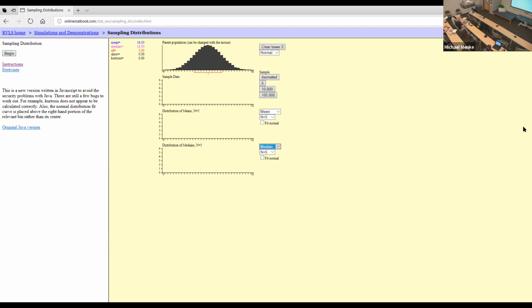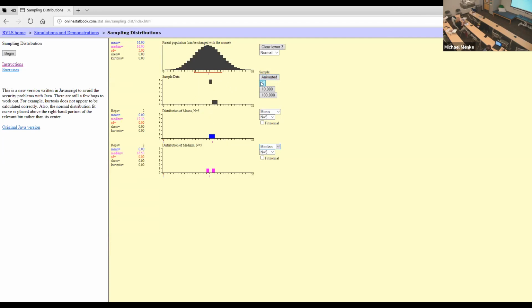So the way this works is I can do this. You see there what I've done is I've drawn 2 samples, each one of 5 people. And then I plotted the mean for each of those. So I can do that again. I can do that as long as I want to, but you're going to get bored pretty soon.